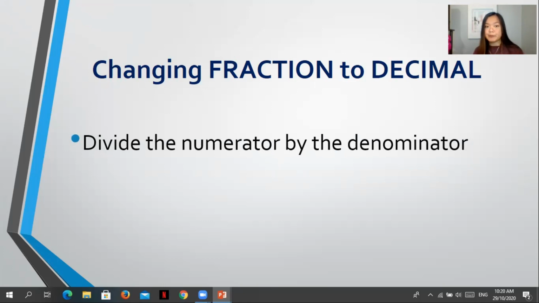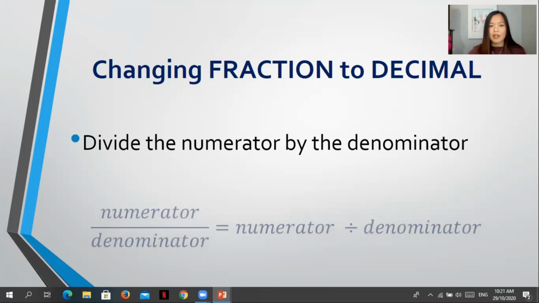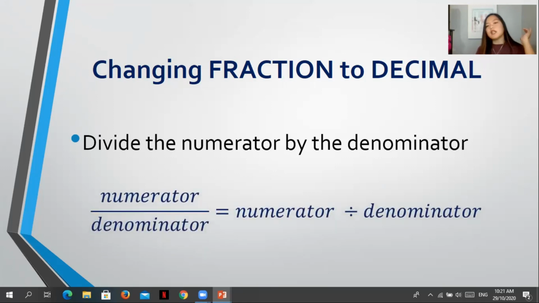That's my most trusted way on how to change fraction to decimal. If it is a mixed number, change it first to improper fraction and then do the same way, numerator divided by denominator. Because fraction tells that numerator all over denominator is equal to numerator divided by denominator.